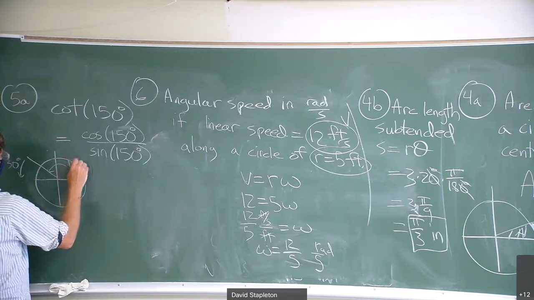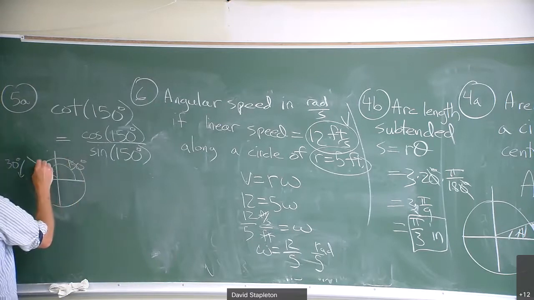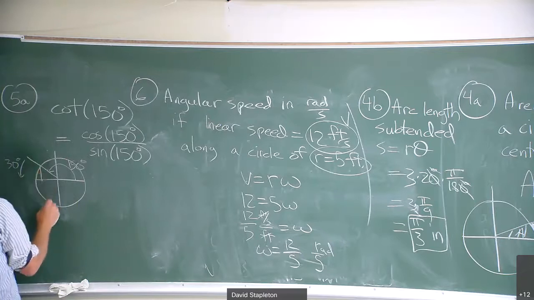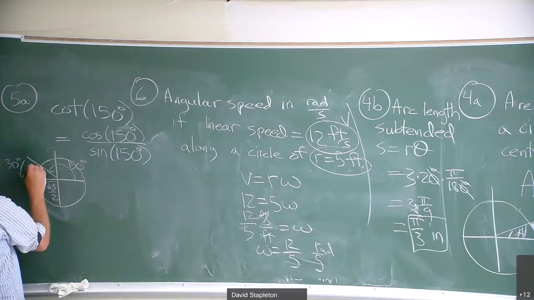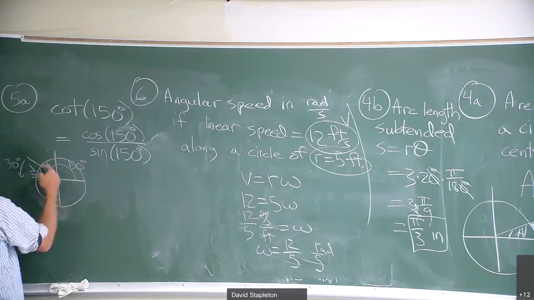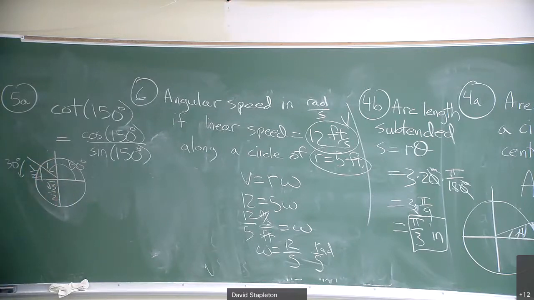There's 150. Well, if I back up 30, then 30 is the reference angle. And I know from memorization, this is square root 3 over 2. This is 1/2 on a circle of hypotenuse 1, the unit circle radius. Consequently, the coordinates of this point are minus square root 3 over 2 and plus 1/2.